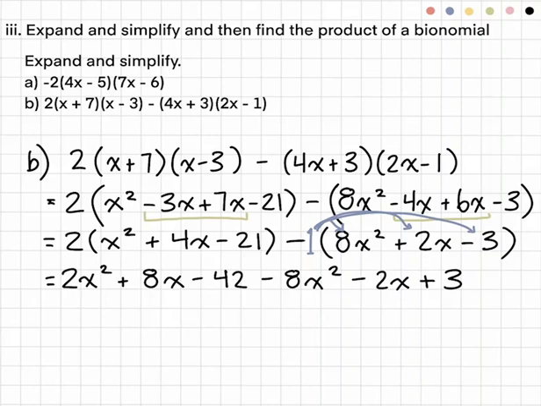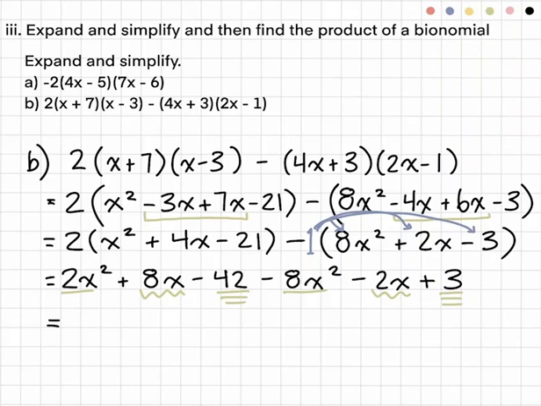So now we can do what? Do you see any like terms? Right? We can collect them and simplify. If you want to rewrite your equation at this point, you can, but I'm just going to do it mentally.